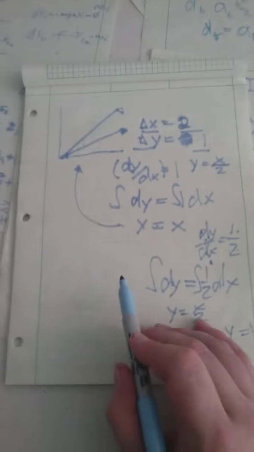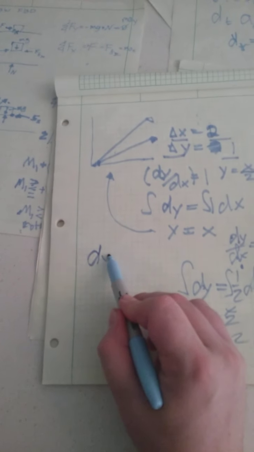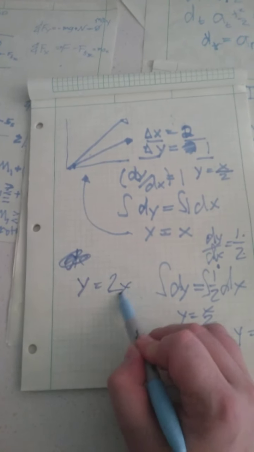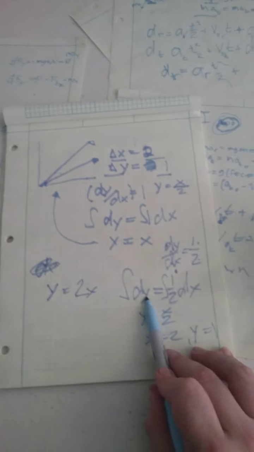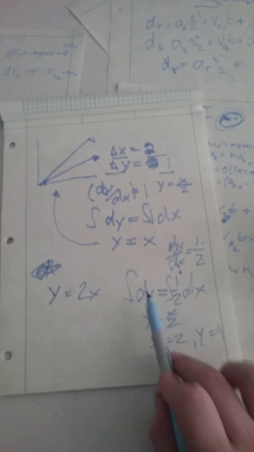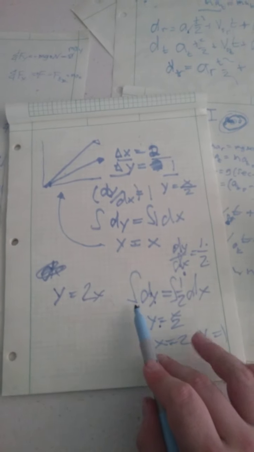So that kind of proves the formula. If you have y equals 2x, going from dy to y is the same as y to dy. A derivative is the opposite of an integral.